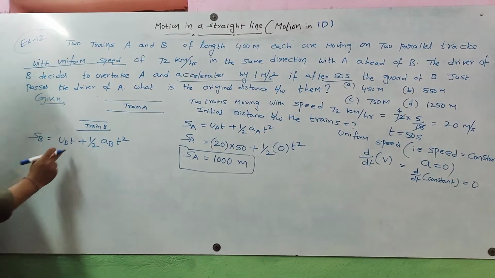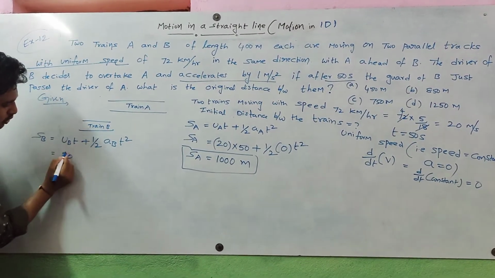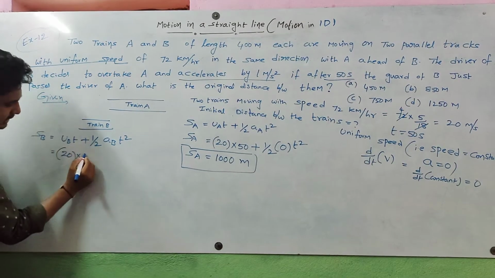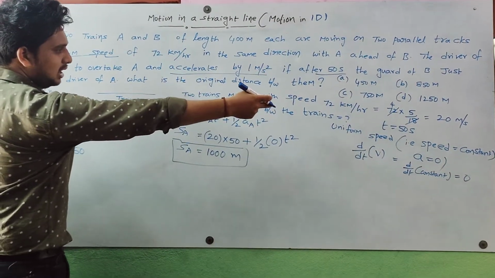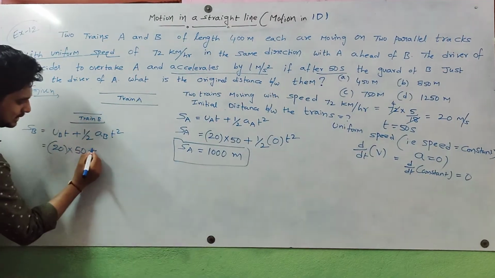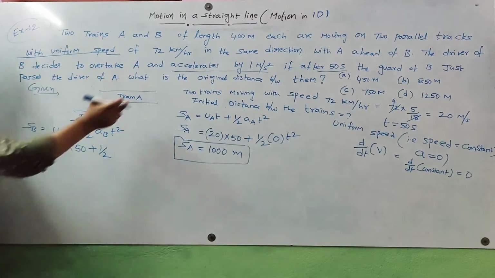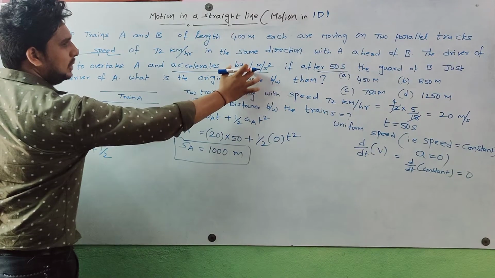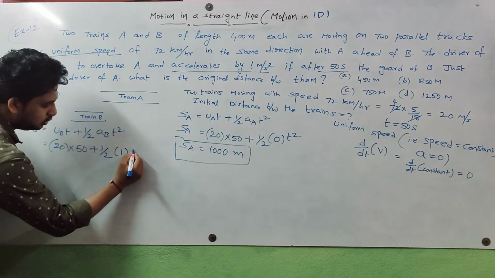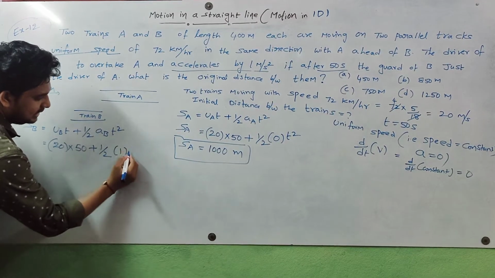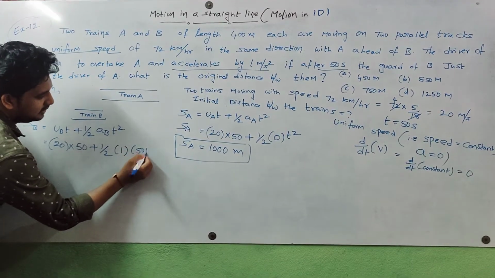UB means initial velocity, which we already know is 20, and the time is 50 seconds. What is the acceleration of B? The acceleration of B is 1 meter per second square. T we already know, 50 squared.